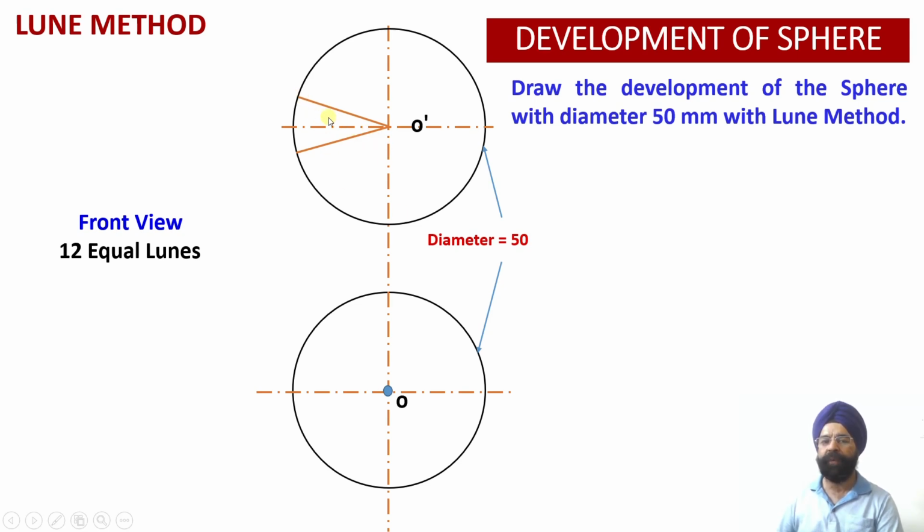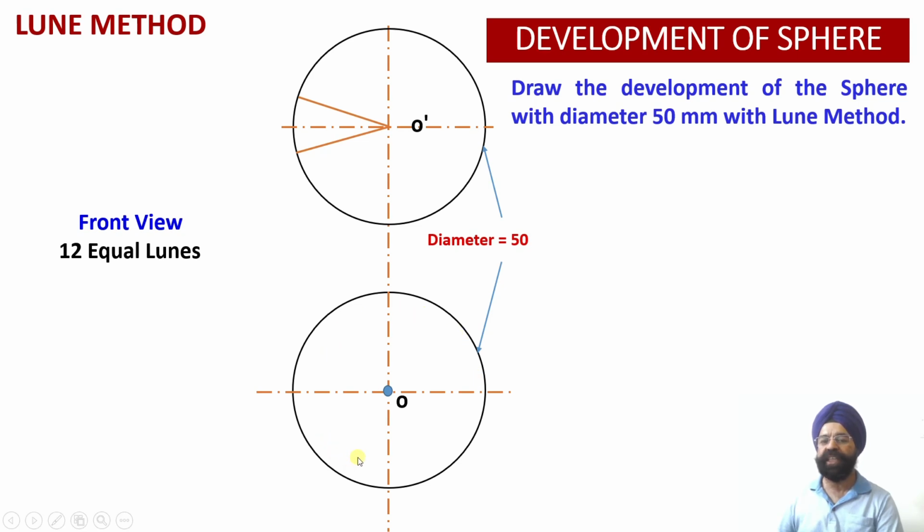Now if we have to divide this over here, then I want as many points as possible corresponding to this particular segment. So in order to obtain maximum points, usually we are dividing the plan in 12 equal parts.